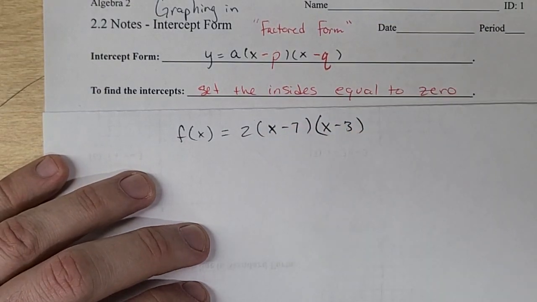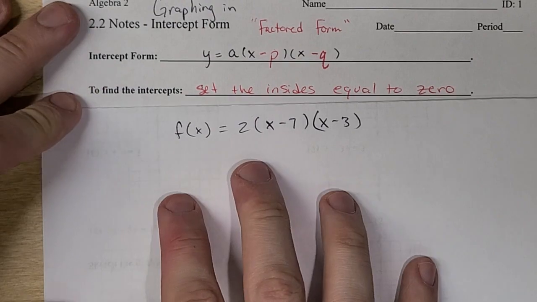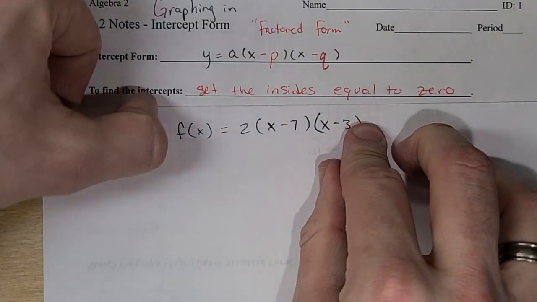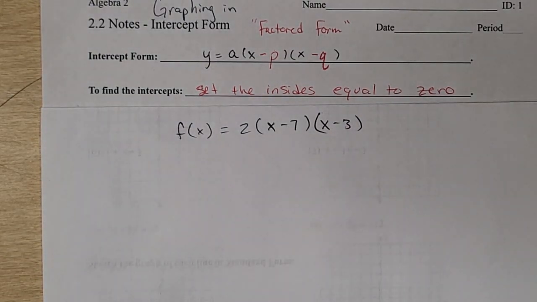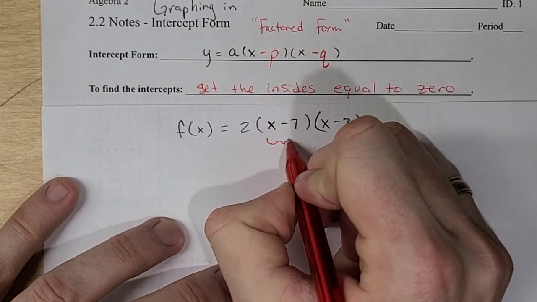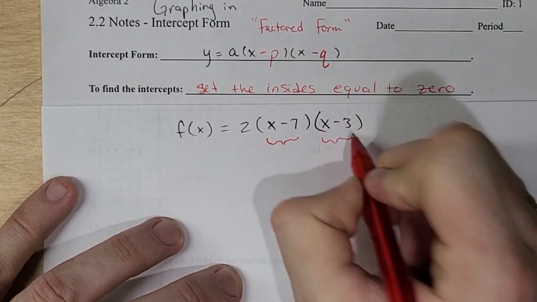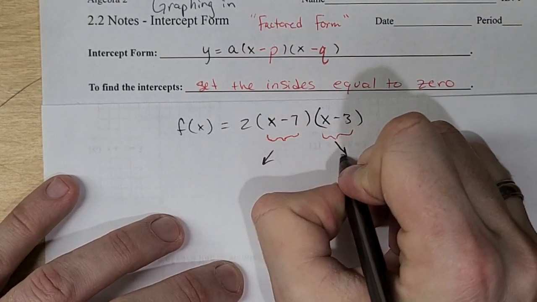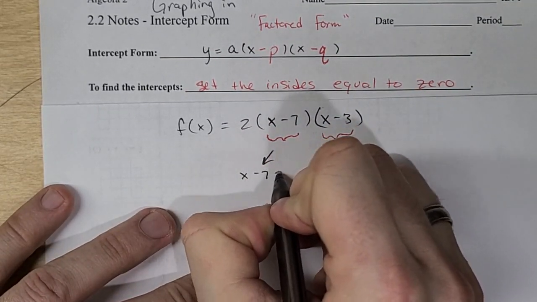Now I'll show you what that means. This is called intercept form because it is super easy to find the intercepts, the x-intercepts more specifically. Just like vertex form, it was really easy to find the vertex. Intercept form, super easy to find the intercepts. So anyways, I'm going to take the stuff on the insides of the parentheses, these two things, and I am going to set it equal to 0.